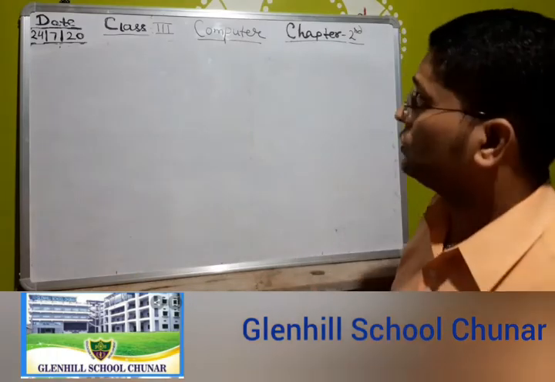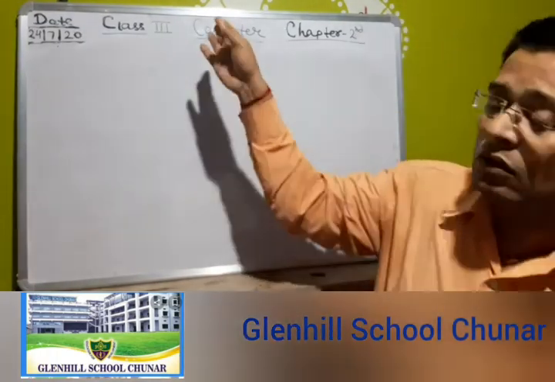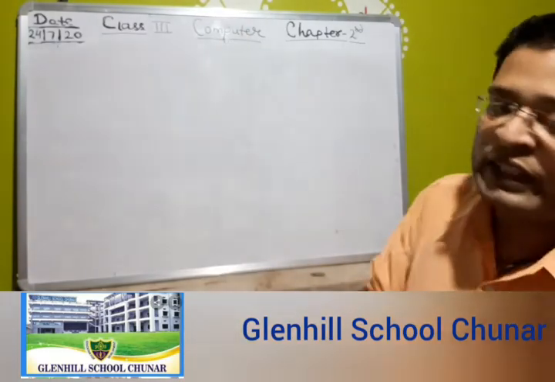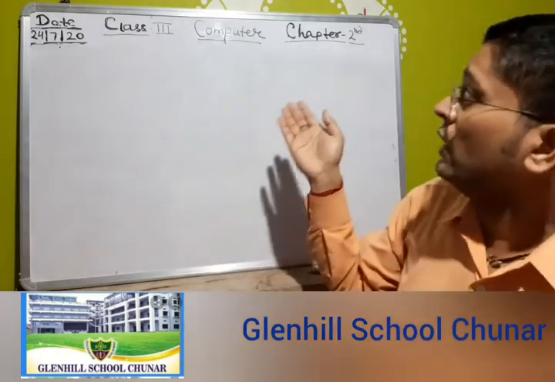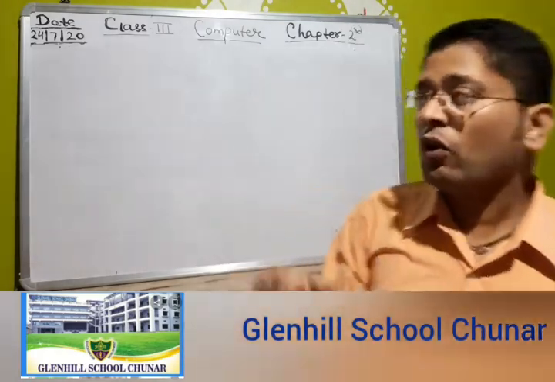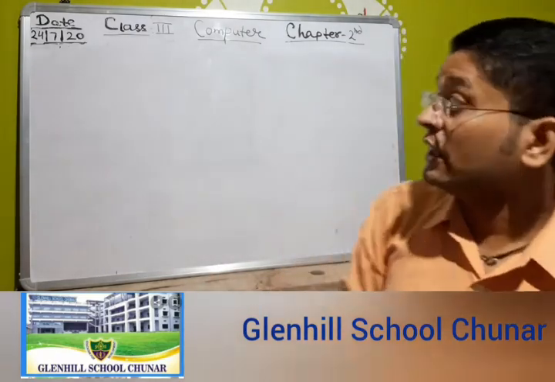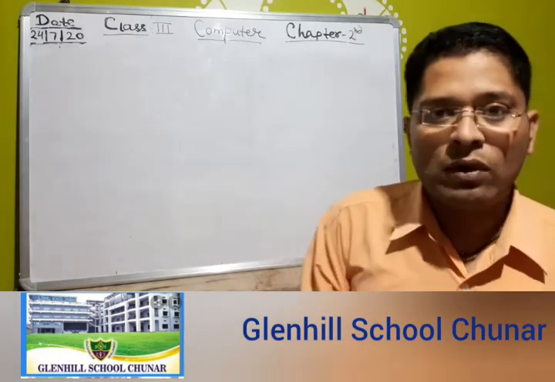C for commonly, O for oriented, M for machine, P for particularly, U for used, T for trade and teaching, E for education, and R for research. So that's the full form of computer.